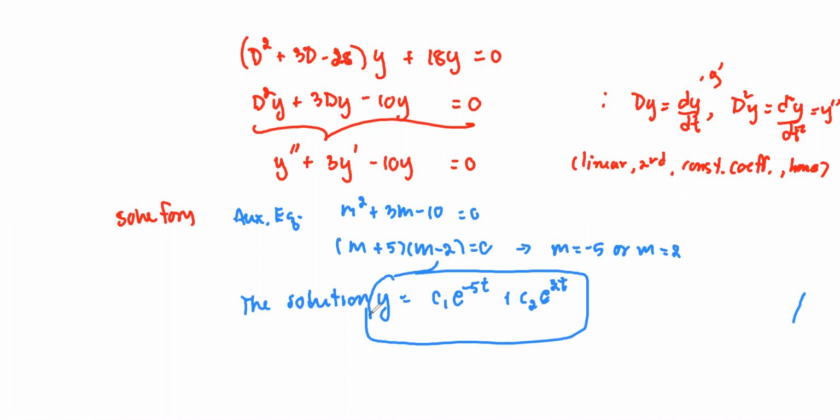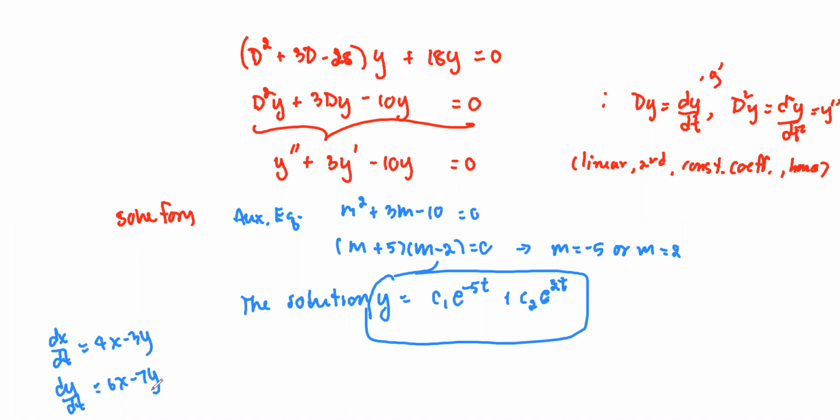To get the x solution, refer to the system of differential equations that we started with: dx/dt equals 4x minus 3y and dy/dt equals 6x minus 7y.